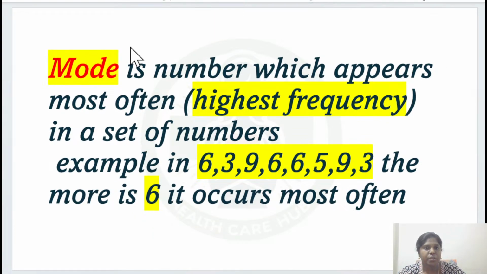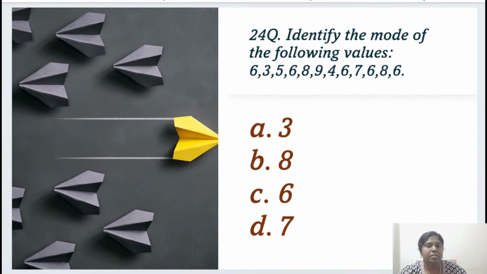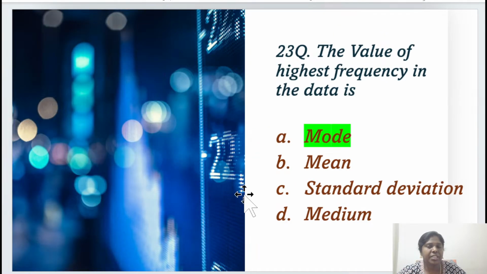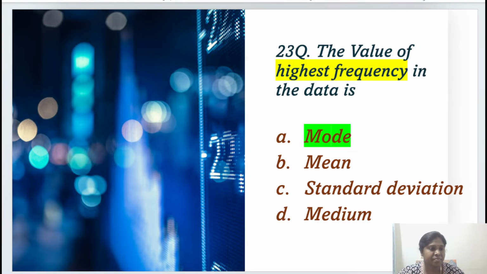Understood? So mode is the number which appears most often. In the given data, 6 appears the most number of times, so the answer is 6. The one with the highest frequency is called the mode.